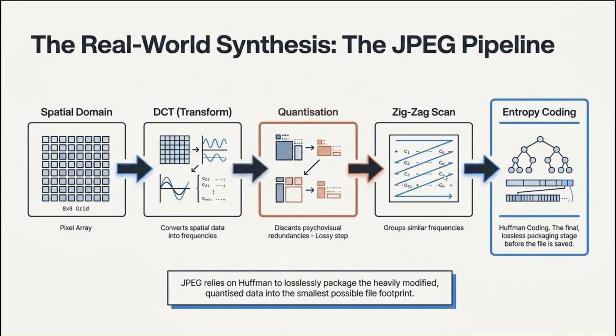Finally, where do we see Huffman coding in our daily lives? Communication systems. It is a fundamental technique used in modern digital communication systems to encode our source symbols efficiently before transmission. JPEG compression. You use Huffman coding every time you take a photo on your phone.